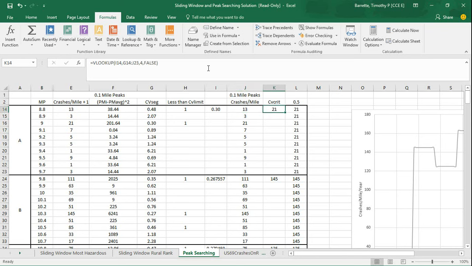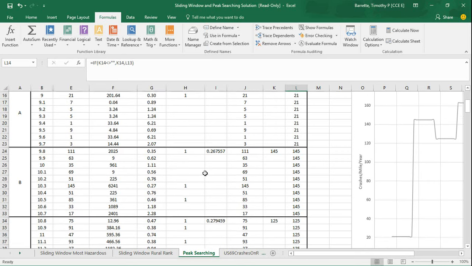And then this value is a VLOOKUP that references our minimum coefficient of variation and compares it to column G, and where it finds the value in column G that matches, it grabs the associated performance measure and just puts it up here. And then for the sake of plotting, I've just copied that down for the entire length of the segment.